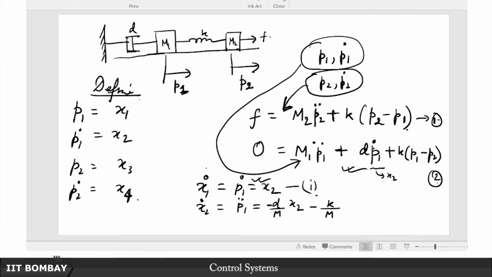P1 is nothing but x1. And then with a plus sign, because I am pushing every term other than the M P1 double dot to the other side of the equality, so they carry a negative sign. So this k P2 will carry a plus sign, so it will be k by m, and what is P2? P2 is x3. So I have the second equation.